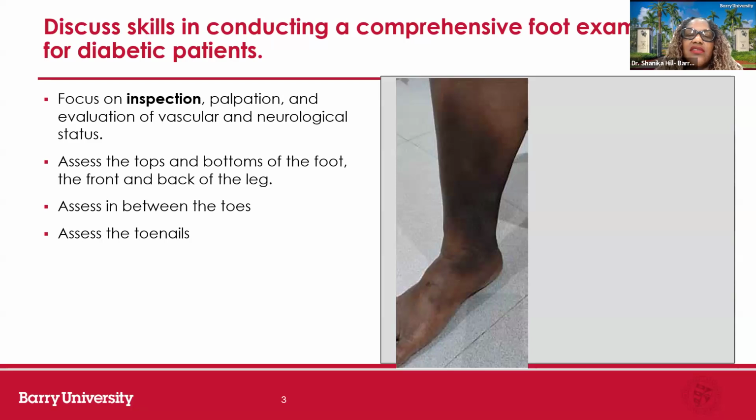But this is a patient with chronic venous insufficiency, and we get this very dark staining of the skin because of the pooled blood inside. We don't have a wound yet. We just have discoloration. So again, this is making sure we are inspecting all aspects of the legs and the foot. We're making note of it.